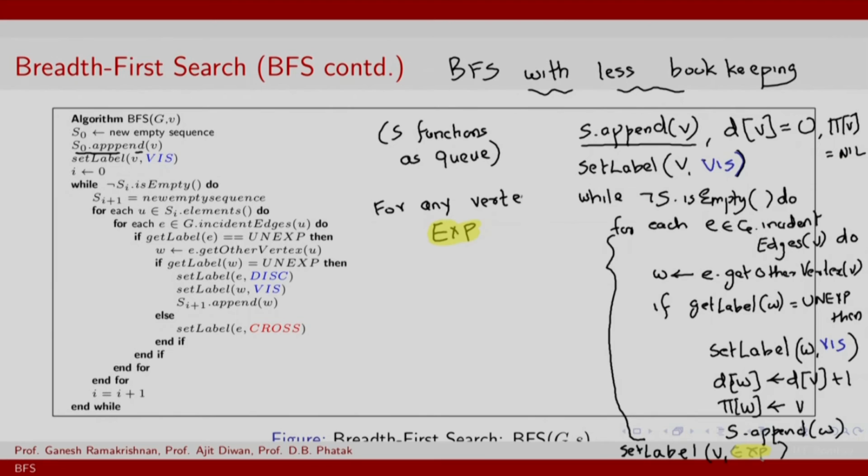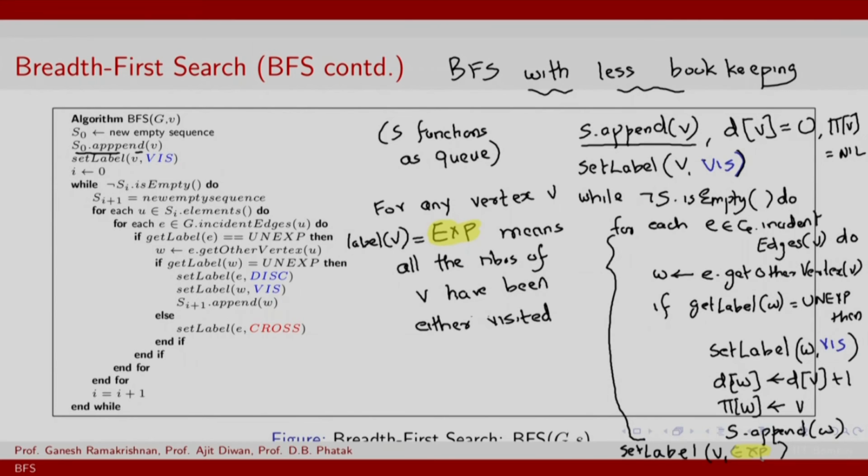For any vertex V, the label of V is explored, means all the neighbors of V have been either visited or explored. So an explored node cannot have an unexplored neighbor.